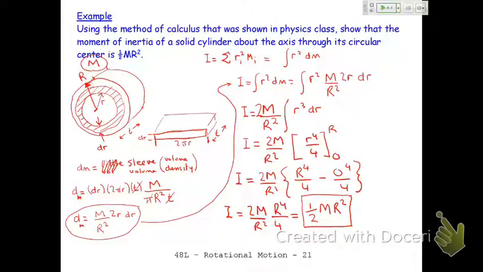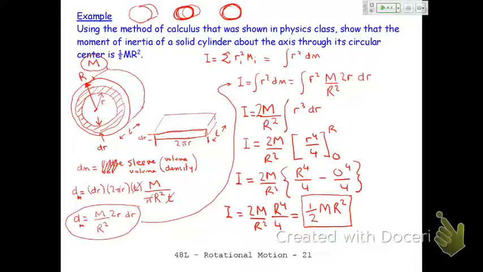We just derived a really useful equation for moment of inertia. There are three objects that we like to know the moment of inertia for. We like to know it for a solid cylinder, for a hollow hoop, and for a solid sphere.